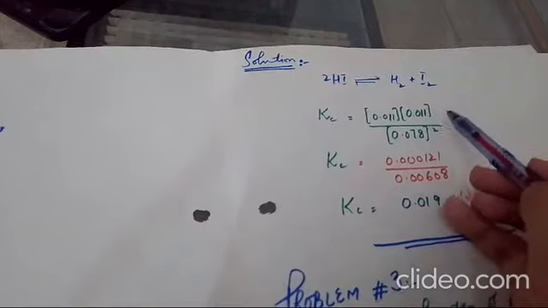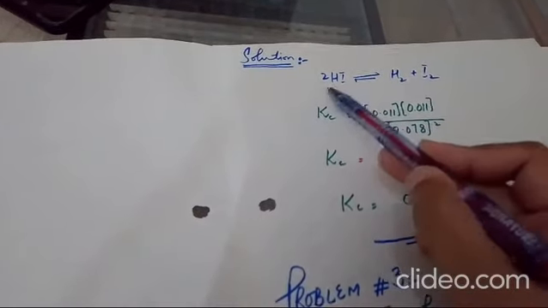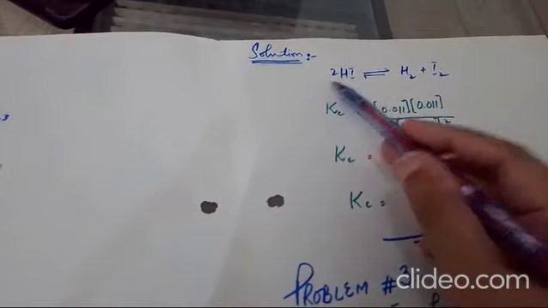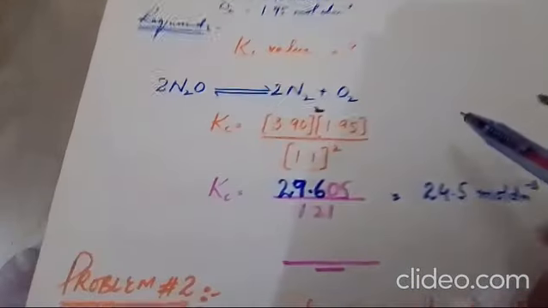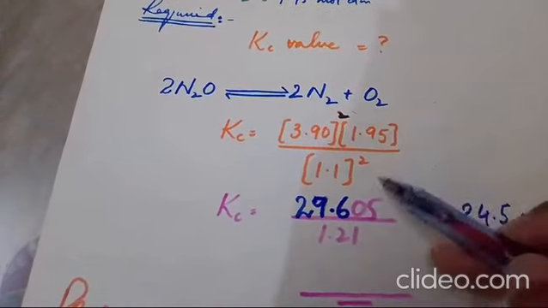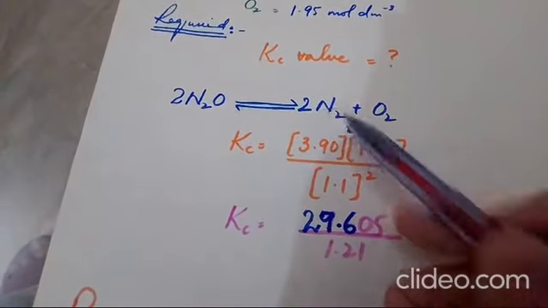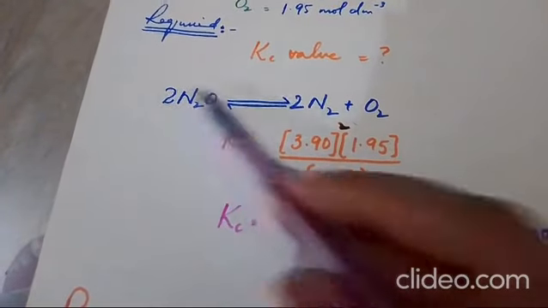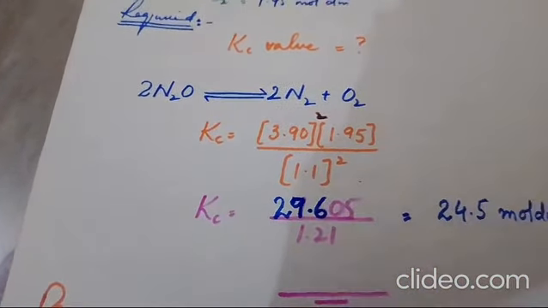Here the product is our numerator and this is our denominator, and the moles become power. Here moles become power, 2, 2, 2, and this 2 is here.